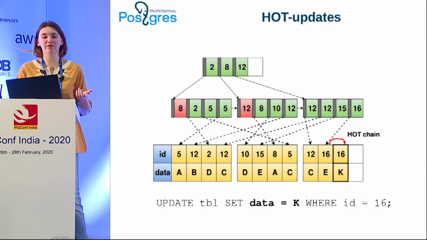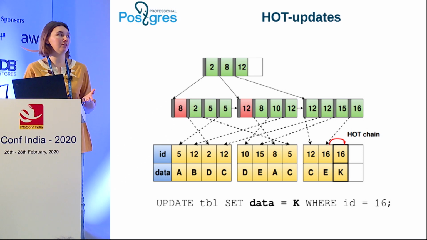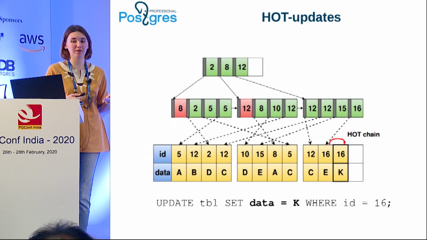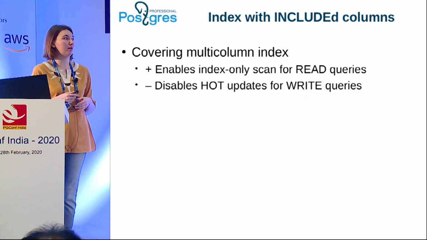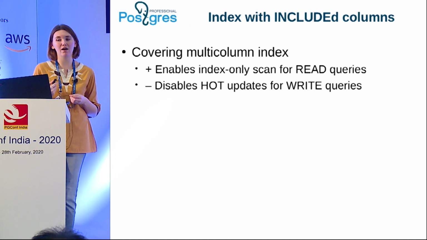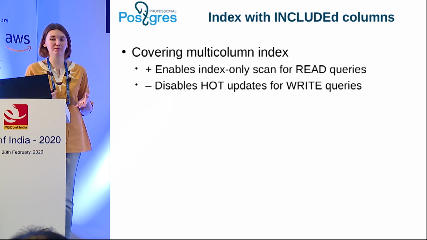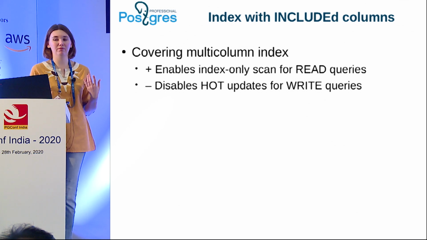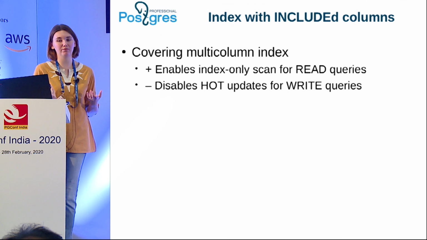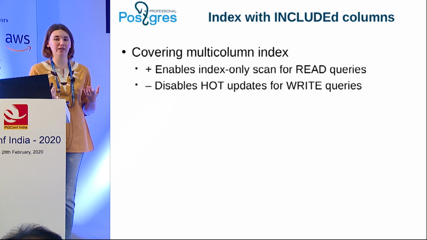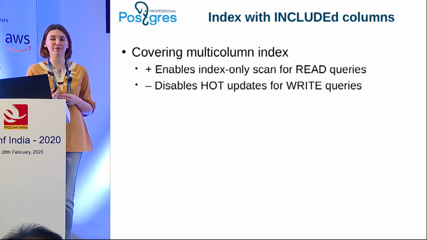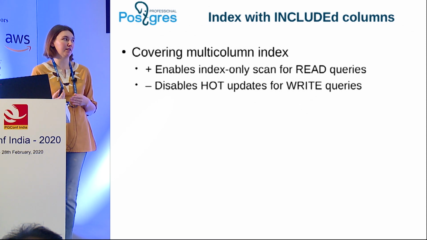So now, as we see, HOT optimizations are very useful for heavily updated tables. We can conclude that indexes with included columns are good for read load. It's a very good feature for read workload, when you can enable index-only scan for read queries, but you should think twice before using it on heavily updated tables.